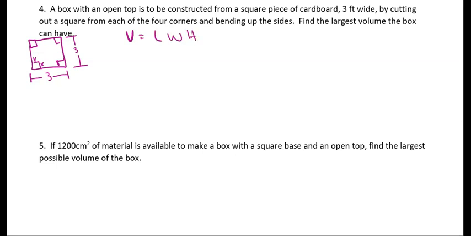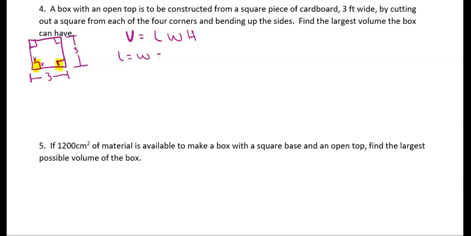Well, let's look at this. We know the length is equal to the width in this case because they're squares. Now, these are not 3 each because remember, we're cutting out these corners. If you cut out a corner from this side, that's a width of X, and if you cut one out from this side, that's another width of X being removed.